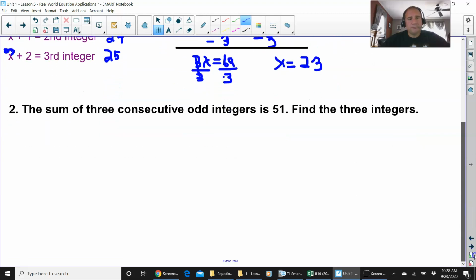Now number 2, we are going to just take together, because this is the first time. Look, it says the sum. All right, everything's good. 3 consecutive odd integers. All right, so now this is a little bit different than what we've been doing. So we're going to take this one together.